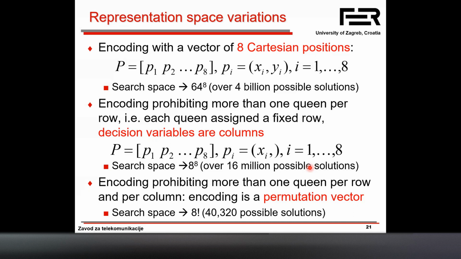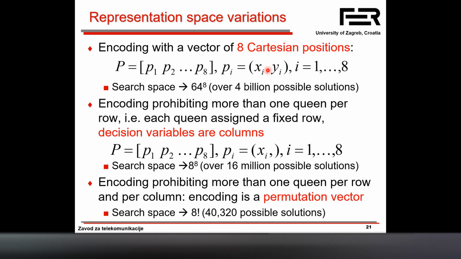Once we have decided on the first queen, for the second queen we have 7 remaining columns left, right? For the third queen, 6 remaining columns, and so on. And we get a search space of 8 factorial, which is 40,320 possible solutions. So if we define our encoding as simply a permutation vector, we get a much smaller search space as compared to this initial search space where we had these Cartesian positions.